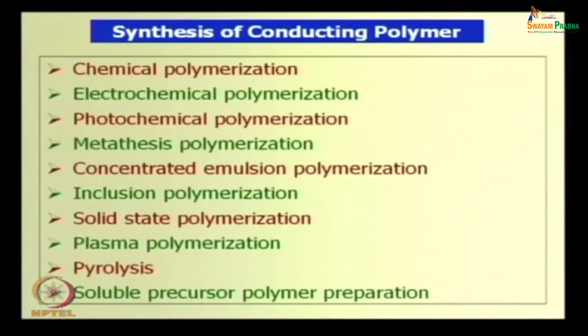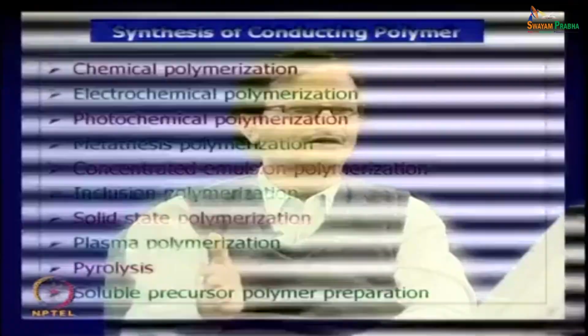And CVD, of course, chemical vapor deposition, is there, but that needs sophisticated facilities. Suppose you are a research scholar working with your supervisor, and in his lab the CVD facility is not there, as it is expensive today. If there is no CVD facility, can we not do research on conducting polymers? Yes, you can. You have to go through other techniques of conducting polymer synthesis.